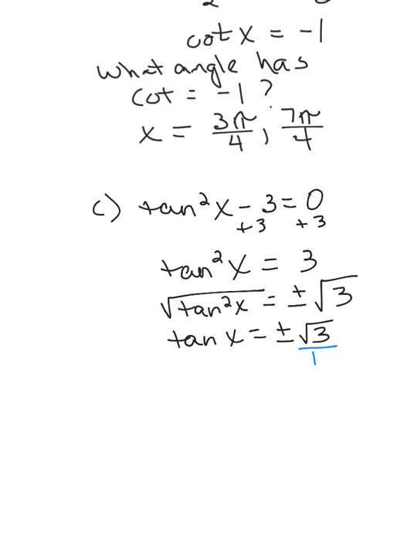Where does that happen? That happens at the pi over 3 angles in each quadrant. So once we decide that, we now say x equals what angles? Pi over 3, 2 pi over 3, 4 pi over 3, and 5 pi over 3.